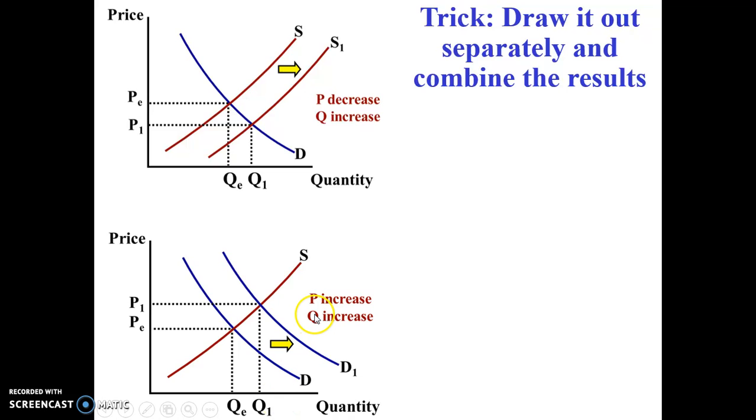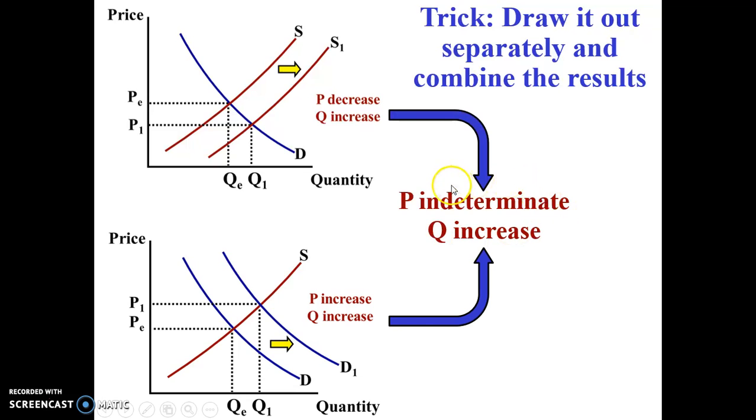Well, in both situations, the quantity increased, but in this example, the price decreased, and in this example, the price increased. So in that situation, the price is indeterminate because it decreased here and it increased here, but the quantity increased in both situations. So in this situation, the price is indeterminate, but the quantity is definitely going to increase.